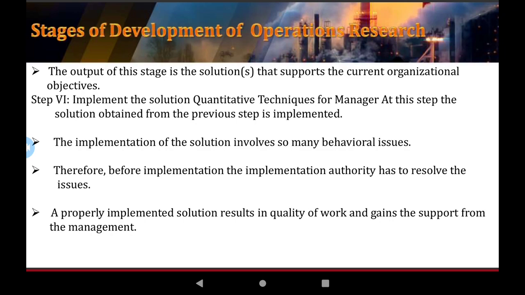Therefore, before implementation, the implementing authority has to solve the issues.